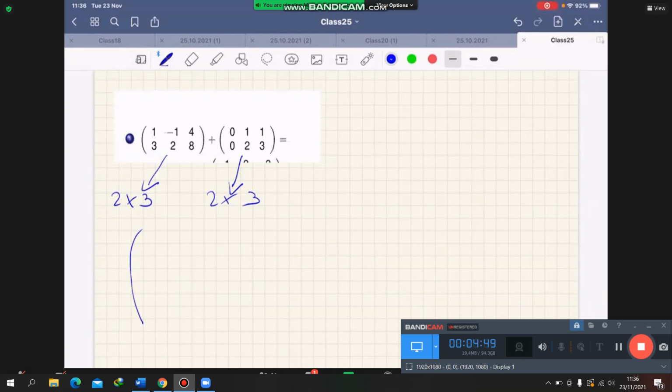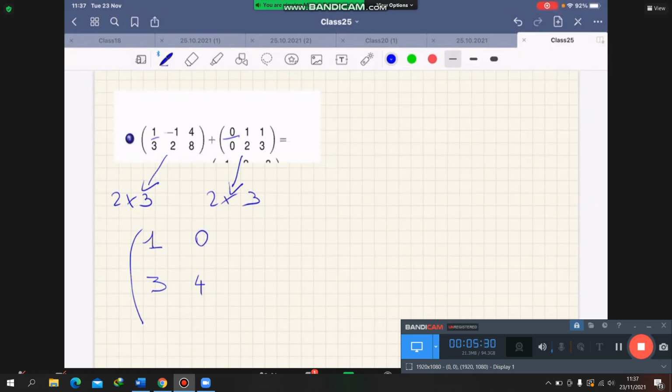Their sum is: first entry 1 plus 0, 1. Second row, first column, 3 plus 0, 3. Then second row, second column, 2 plus 2, 4. First row, second column, minus 1 plus 1, 0.